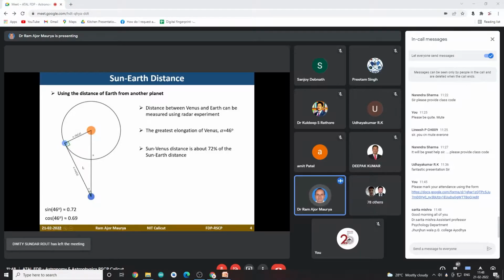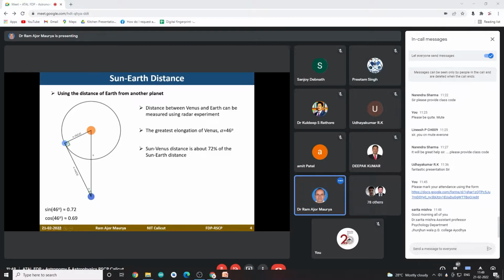From here some other inferences we can find. For example, if you consider this distance a as 1, then this will come as 0.69, that is 69% of the distance between Sun and Earth.